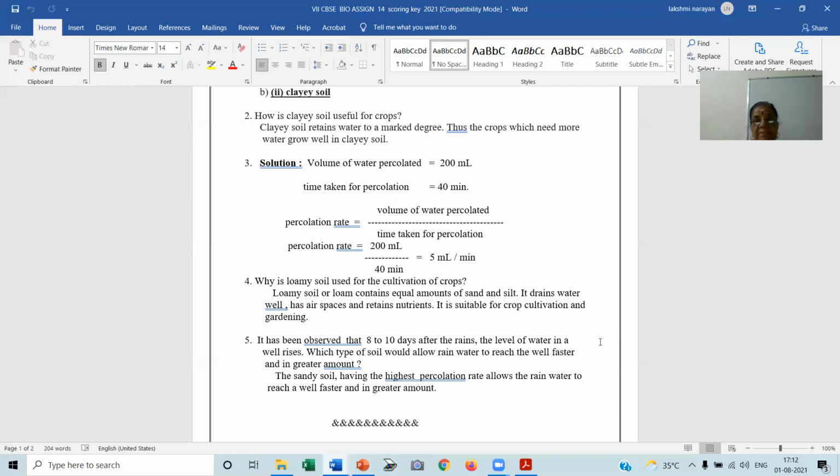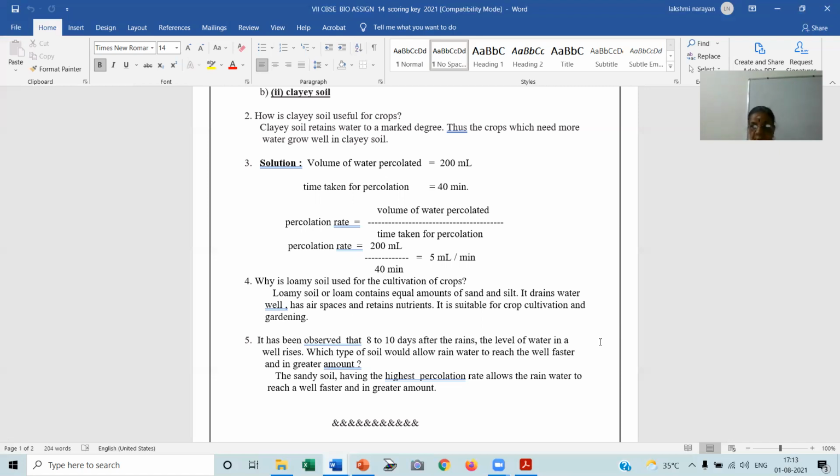The sandy soil having highest percolation rate allows the rainwater to reach a well faster and in greater amount. I hope you are listening.